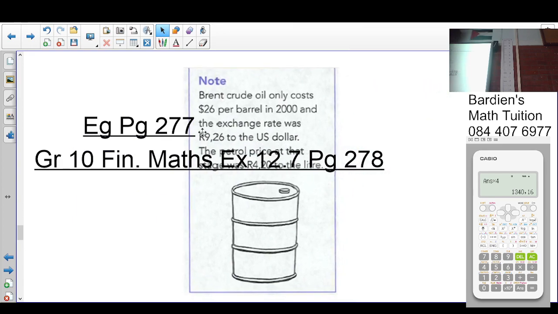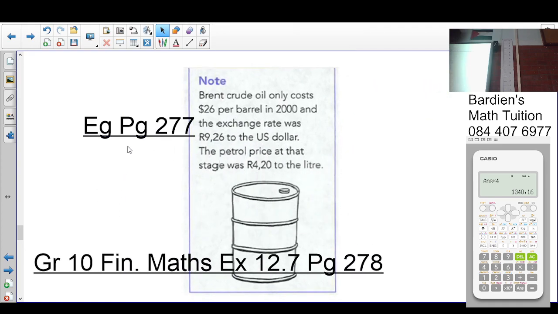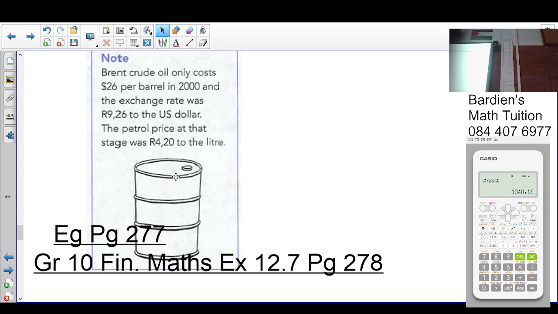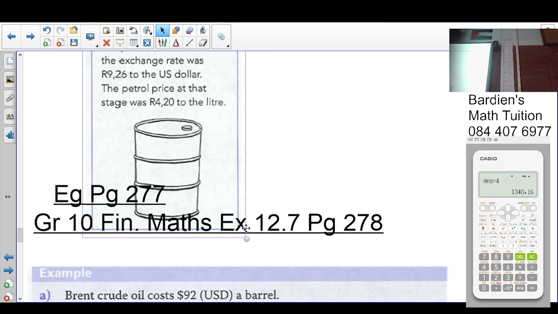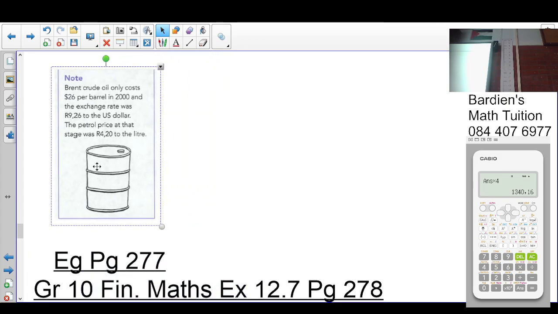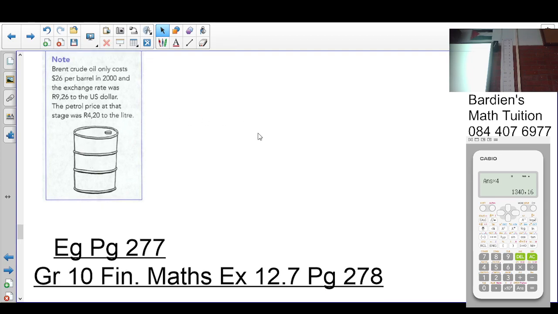Here we are told to note that Brent crude oil only cost $26 per barrel in the year 2000, and the exchange rate was 9 rand and 26 cents to the US dollar.